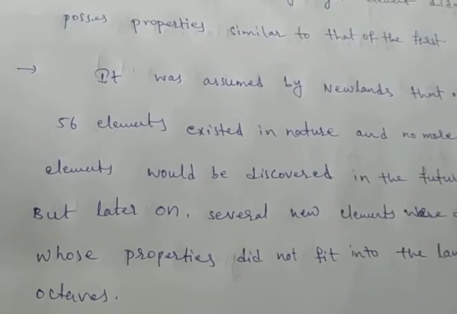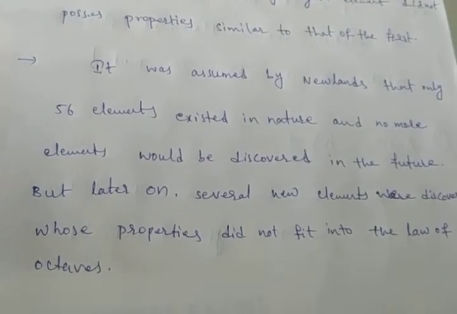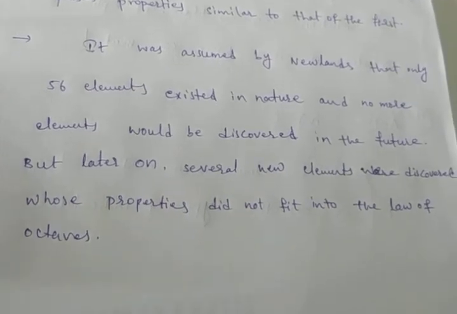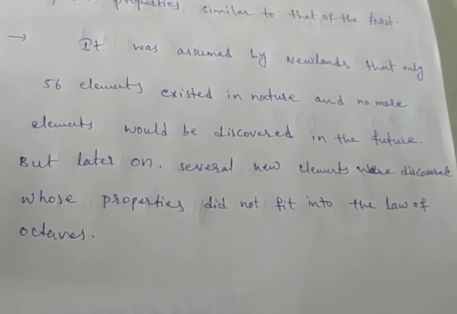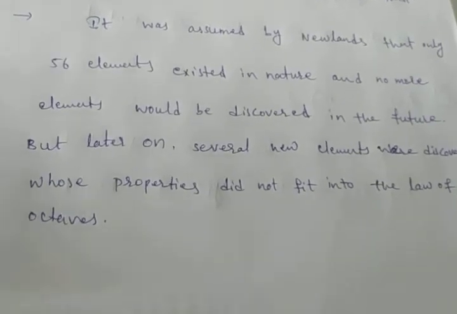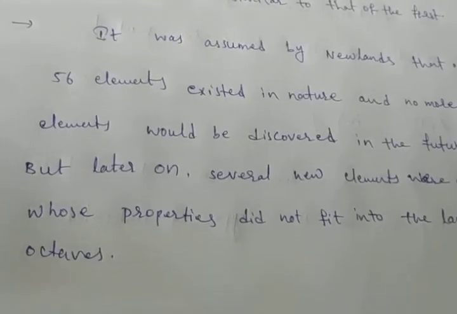Okay. It was assumed by Newlands that only 56 elements existed in nature and no more elements would be discovered in the future. But later on what happened? Several new elements were discovered whose properties did not fit into the law of octaves. This is one of the demerits.